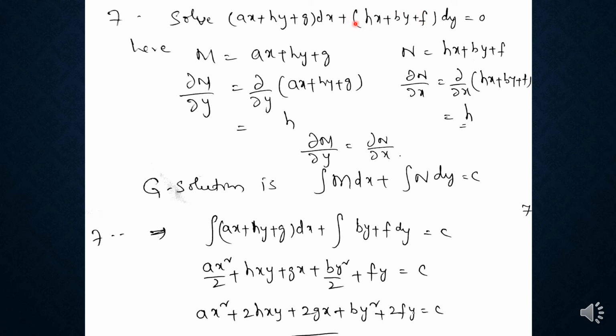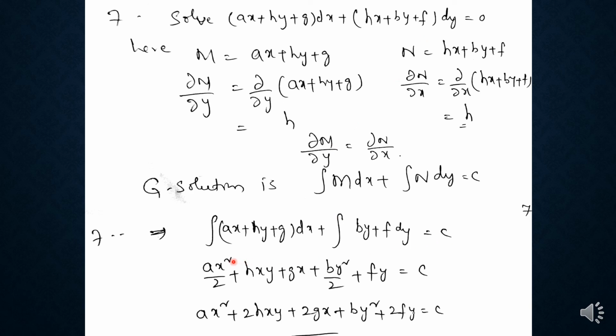So no x term should be taken from N. hx is the x term. So by eliminating this term, we will get by + f. This is the y term and this is the constant. So we can take these two terms only for N, that is ∫(by + f) dy = c.